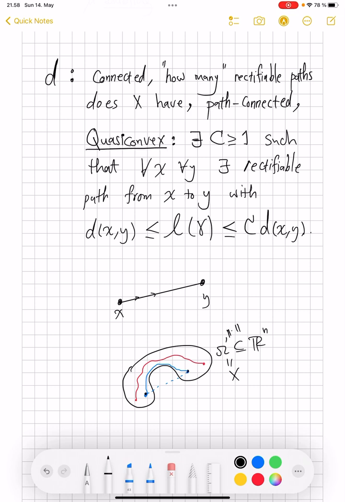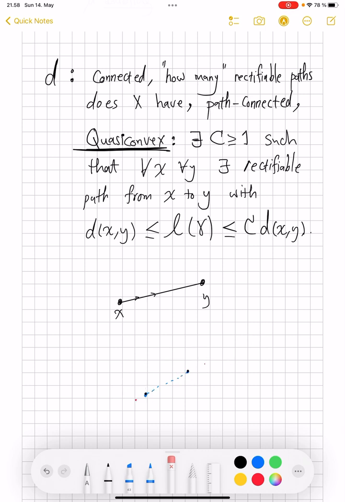So if you allow this multiplicative help, then you can always find a path. We will see, for example, later that spaces that support Poincare inequality are necessarily quasi-convex spaces. So that's an indication that this quasi-convexity is very important. Stronger than quasi-convex is a space being geodesic.